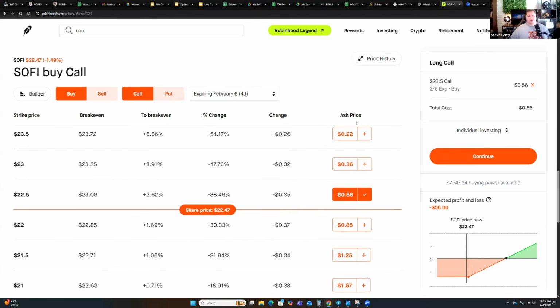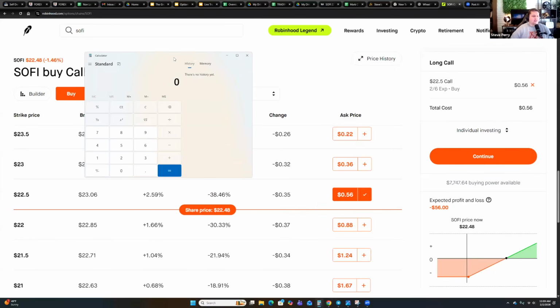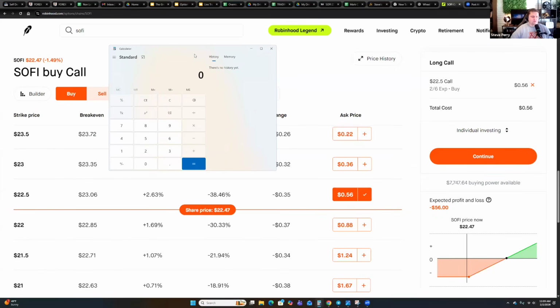So let's say SoFi went up a ton between now and Friday, from $22.50 up to like $26. That means I get to buy SoFi at $22.50 even though the price is at $26, which is amazing. I'm going to make all that profit. The way you'd figure this out is you just pull up a calculator. I'd suggest having one at your desk, or just using the one on your computer that's local.